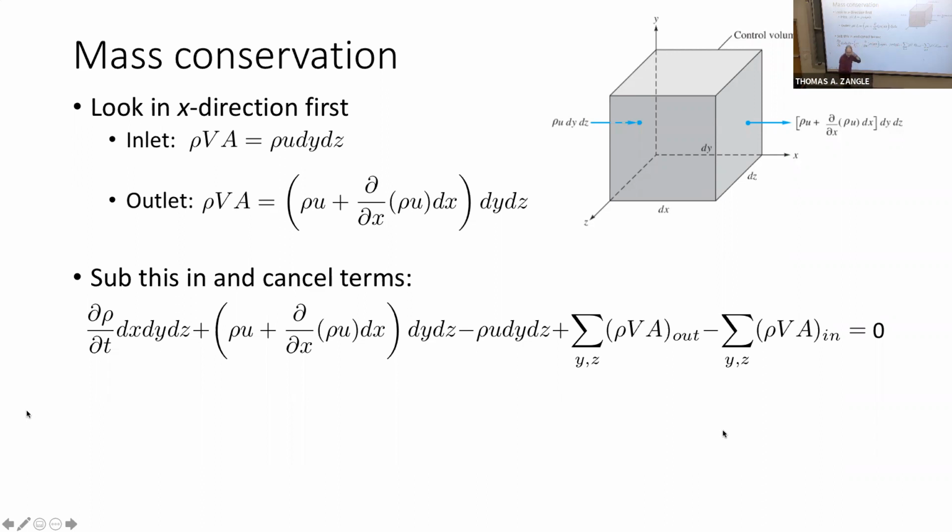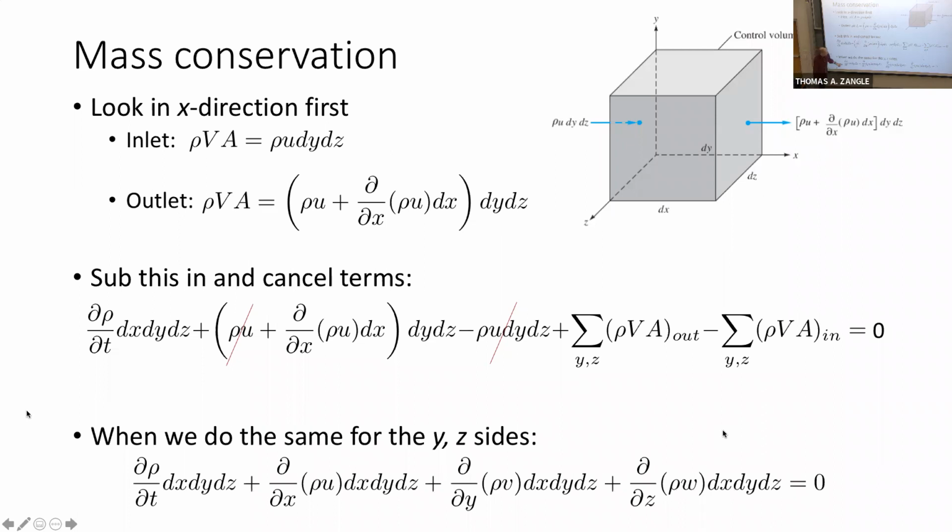Those terms are going to cancel out, and I'm just going to be left with this term that has to do with the derivative. So I'm going to end up with this term for x, and I'm going to do the same for y and z. Same thing is going to happen. So I end up with this expression here.